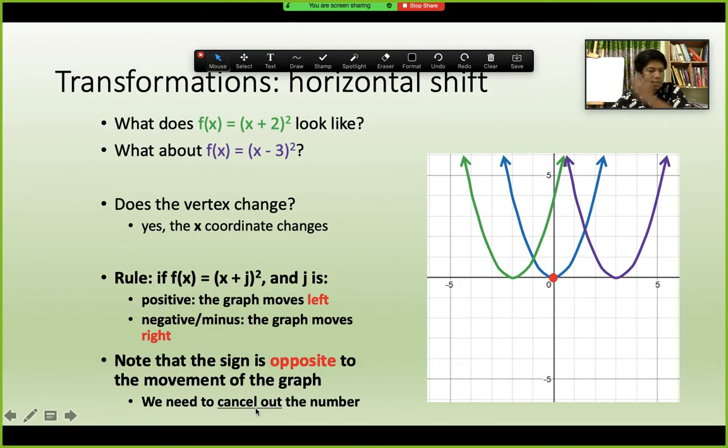Okay. The reason is we need to cancel out the number. Suppose here x plus 2. Why does the graph come to negative 2? Because what number do you need to cancel out this plus 2? You need a minus 2 here. That's why the graph comes to the minus 2 part. You have to think what number we need here for x to get us 0 here, the whole thing 0, to understand where the vertex will go.